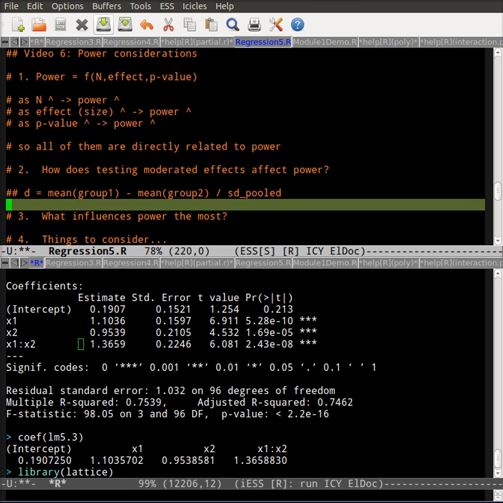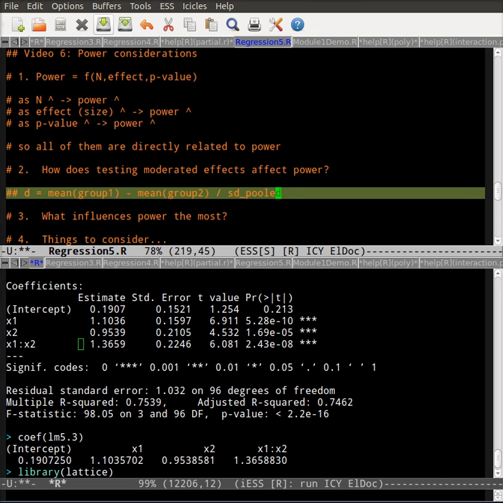But perhaps the most ignored aspect of this entire thing is not the numerator in the effect size, but really the denominator. And it's the denominator that I'm going to focus on here, because this is where I think very few people attend to statistical power with respect to measurement.